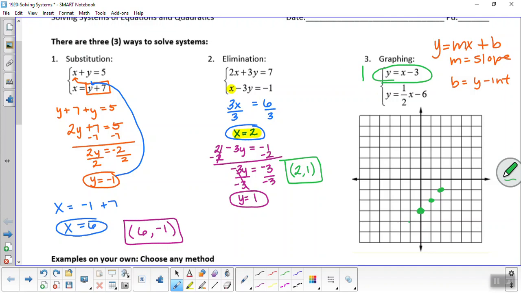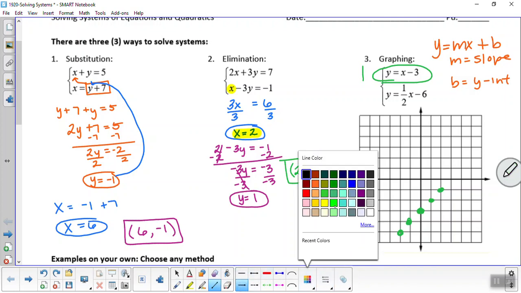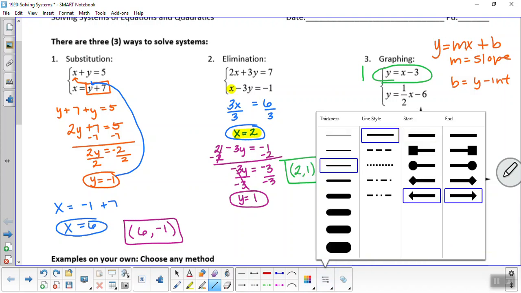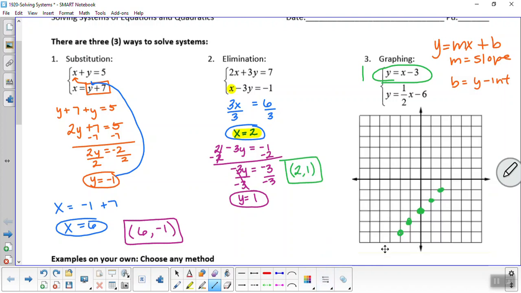And I can go the other way too, down 1 to the left 1. And I'm going to cheat and use my lines. So the top one looks like this.